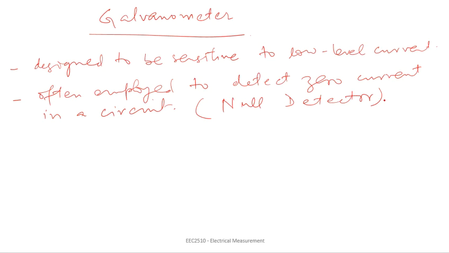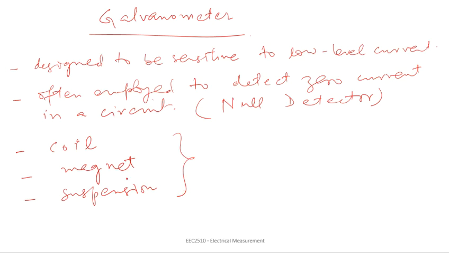Now, if we talk about the different parts present in the galvanometer, from its constructional point of view, the main part consists of a coil, a magnet, and a suspension.